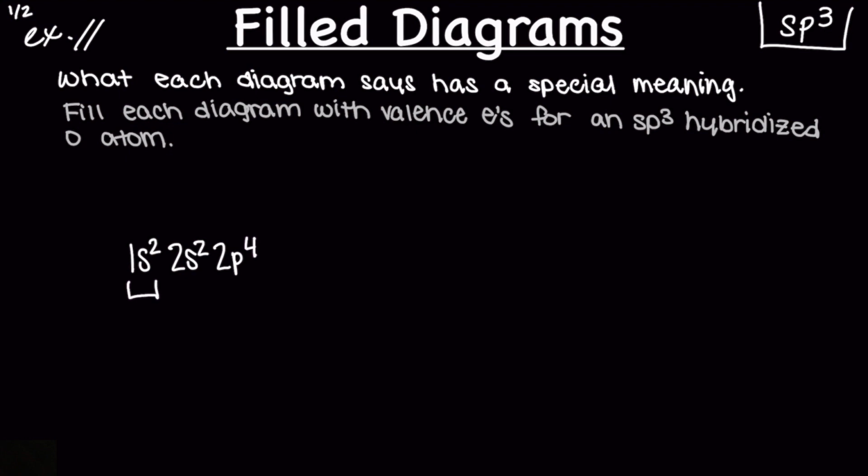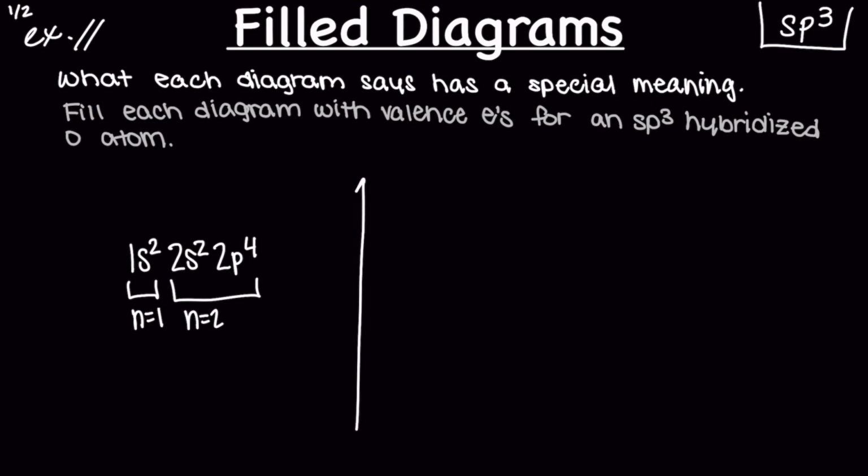And in this first subshell, n equals 1, there are 2 core electrons involved, meaning that we will have 6 valence electrons to work with in our n equals 2 subshell. That's because n equals 2 can only hold up to 8 electrons. So if we have 6, that means that we are within that valence bandwidth.